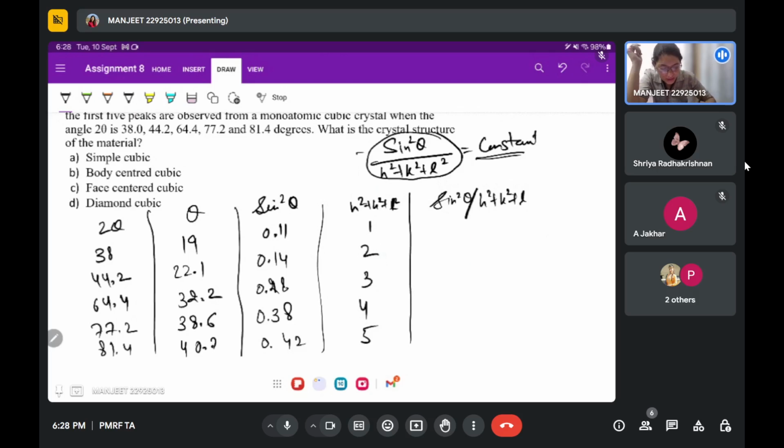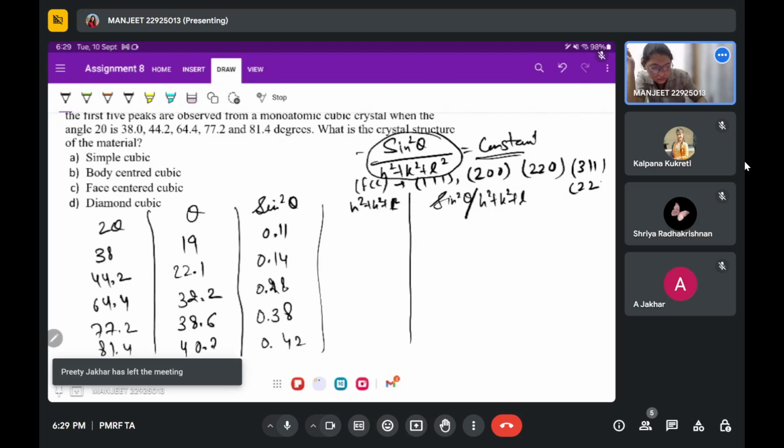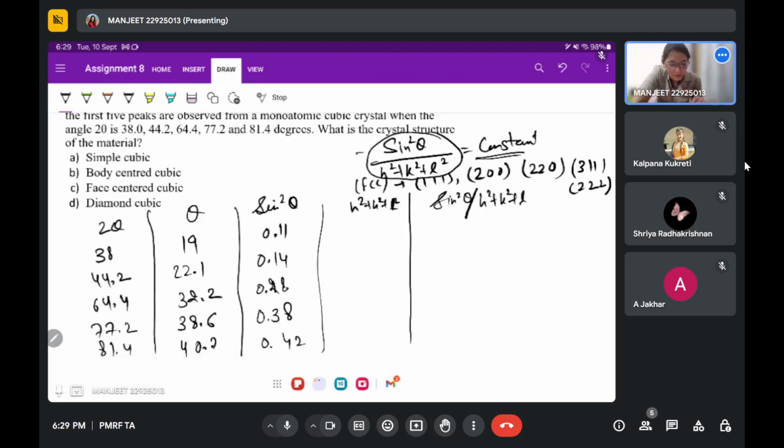So the first five peaks for FCC are 111, which is all odd, then 200, which is even, then 220, then 311, and then 222.